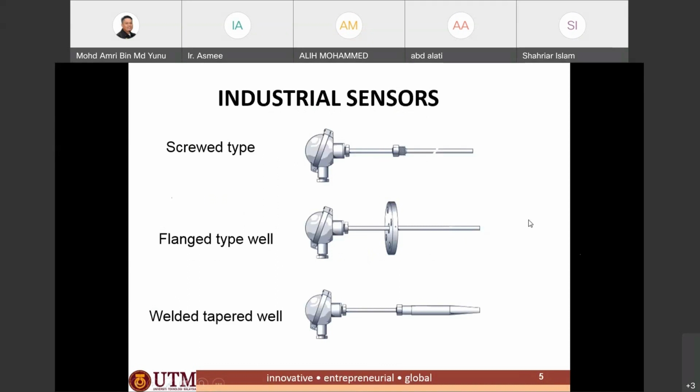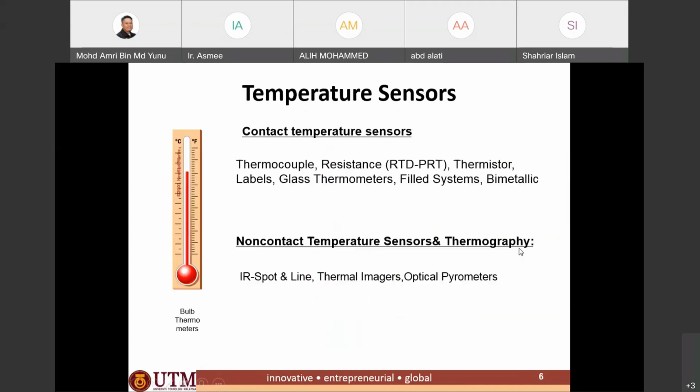So these are some of the thermal sensor fixtures that we use to fit in the thermal sensor. Okay, I'm not going to look into this in detail.